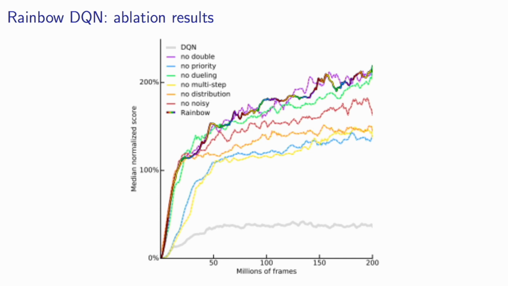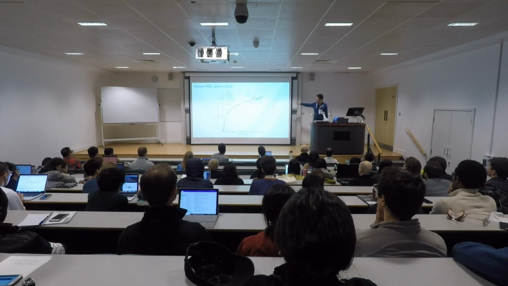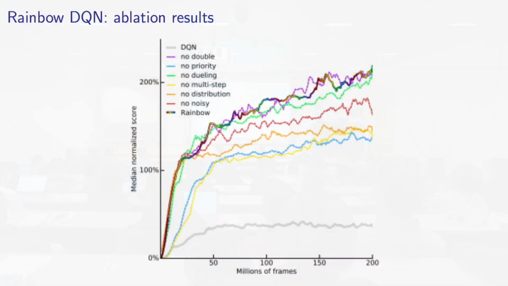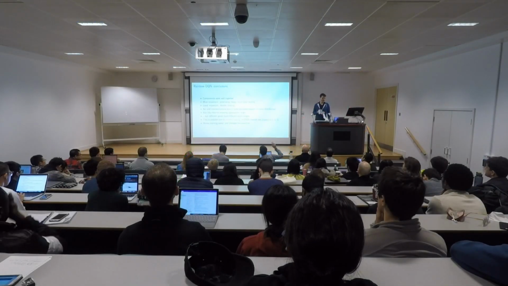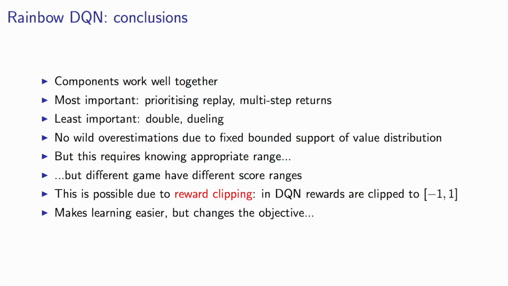Especially with the blue and the yellow one, learning is also quite a bit slower at the beginning if you don't have those components. Then there's the noisy networks, and somewhere more up there we see the dueling and the double components. So one conclusion is that these components work really well together, and that maybe in this specific combination the most important components were prioritized replay and multi-step returns, and to a lesser degree the distributional reinforcement learning.